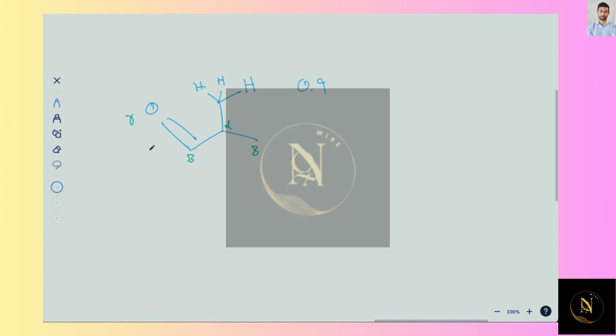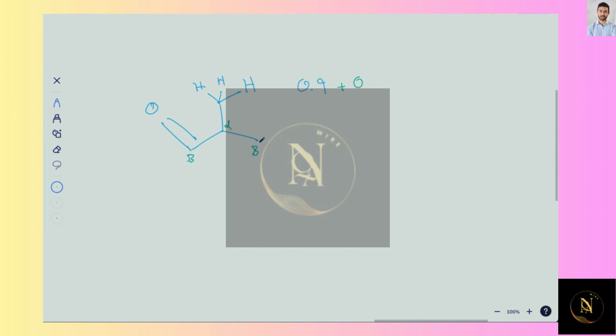You could say there's a hydrogen in the gamma position, but we're already dealing with this carbonyl being at the beta position. So what's at the alpha position? We just have R, so we're going to add 0.